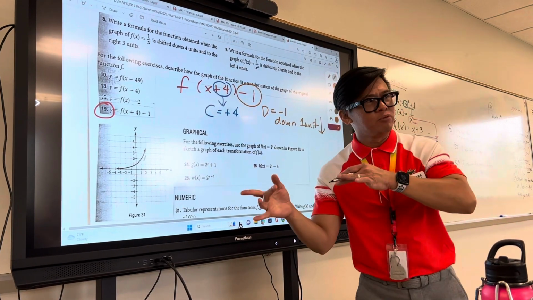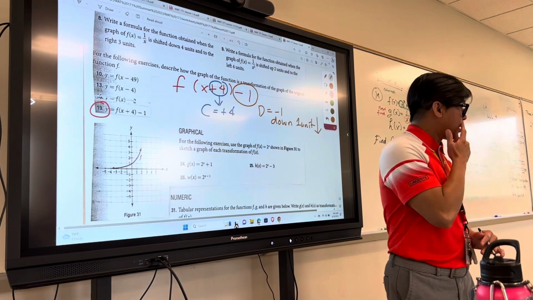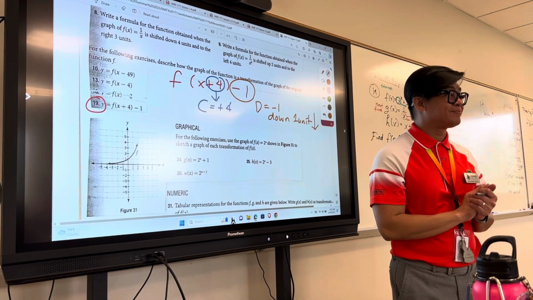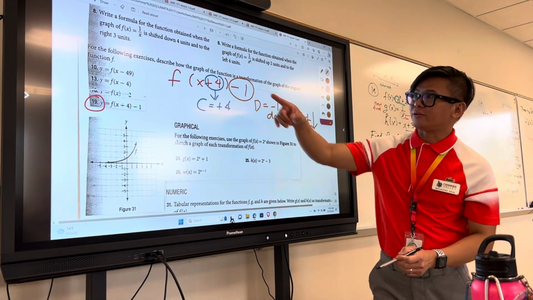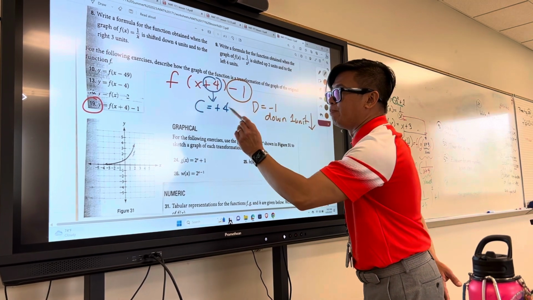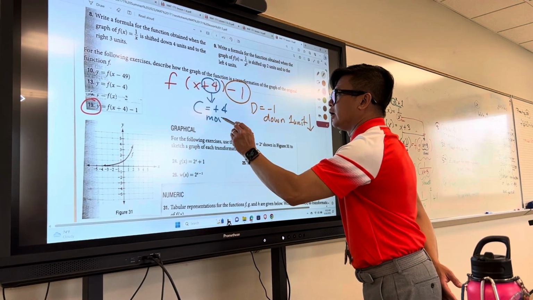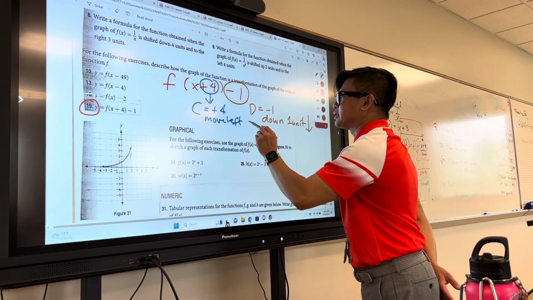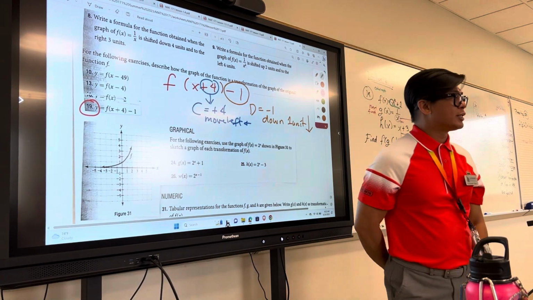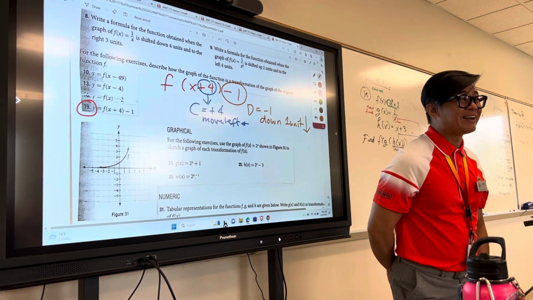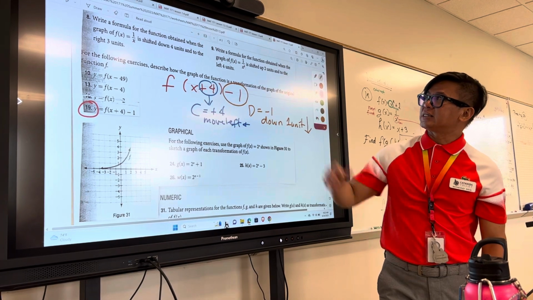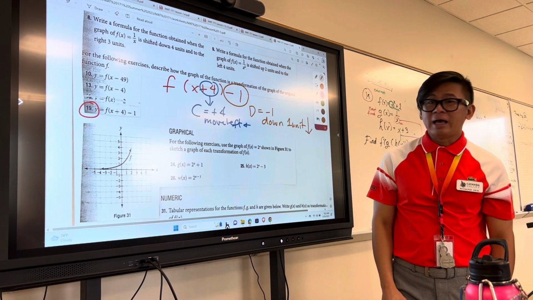Should that be the left movement or right movement? What do you think? Left movement, right? Very good. So if it's positive, then that means you move left. How many units? 4 units. Are we good? All right. So please do analyze the rest of those doing the same as well.